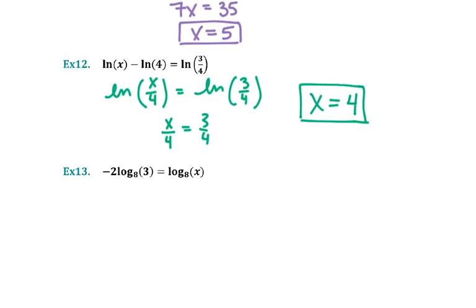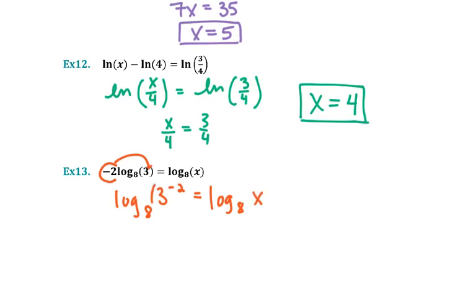And lastly, negative 2 log base 8 of 3 equals log base 8 of x. So that negative 2 can come up into my exponent. Log base 8 of 3 to the negative 2 equals log base 8 of x.